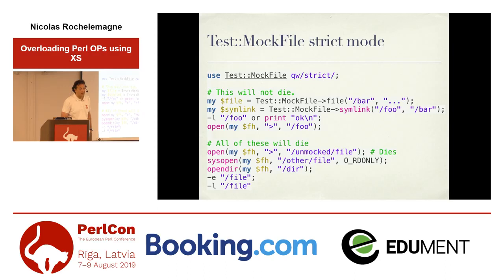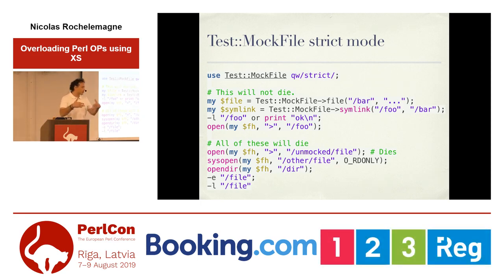Good question. I don't know. A few years ago, we were running our tests sequentially to limit concurrency between the tests. Then at one point we said, oh, we can have a huge speedup using Test2 and Yath to run these tests in parallel. The problem is we quickly understood that these tests were competing with each other.